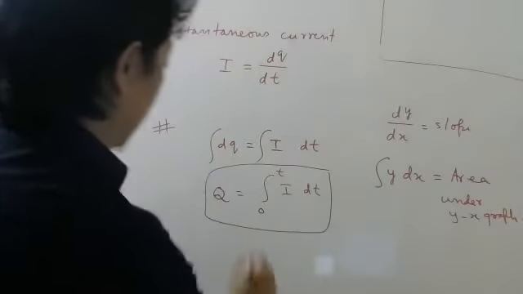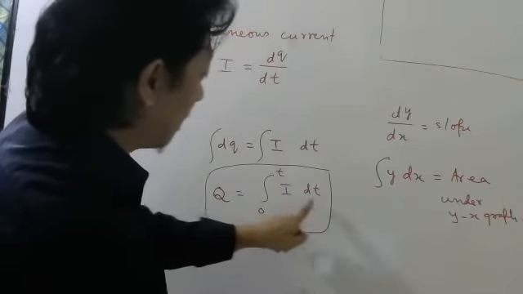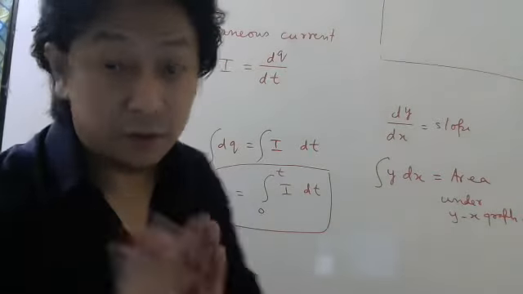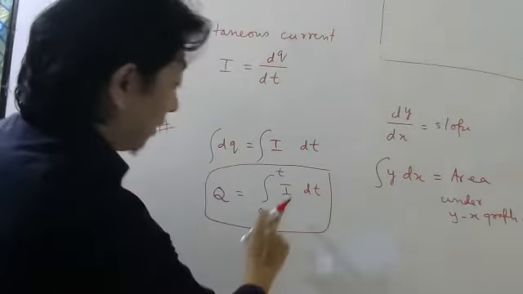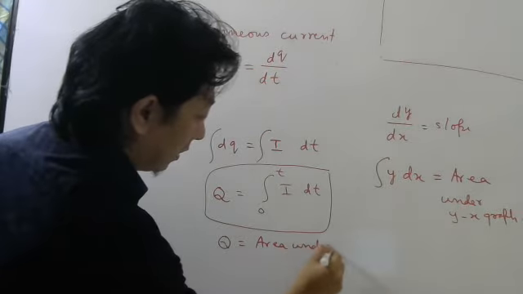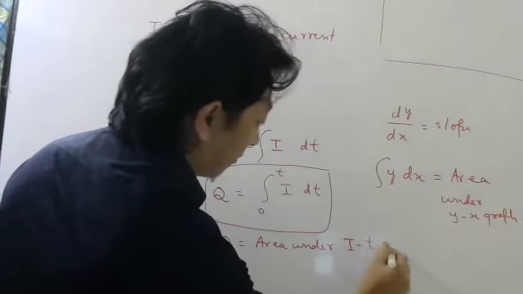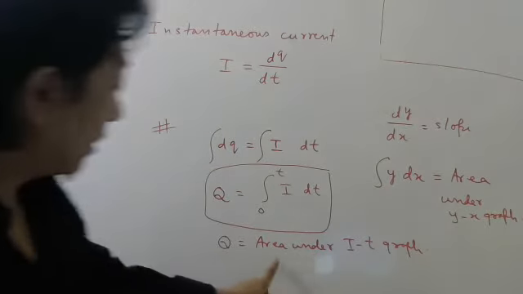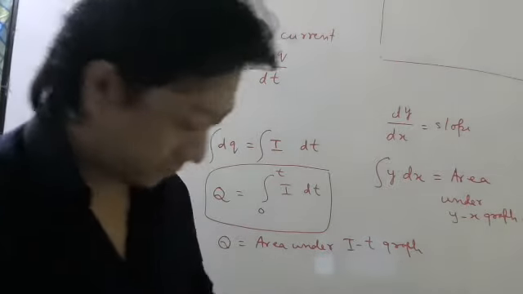So if somebody gives you a current and time graph, not a charge and time graph, be careful. How will you calculate charge? Area under the current time graph.